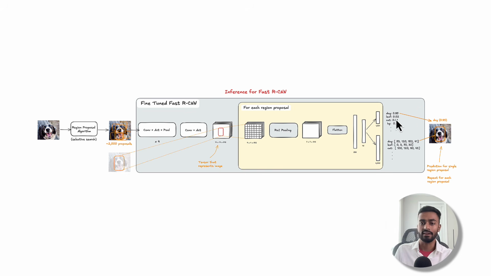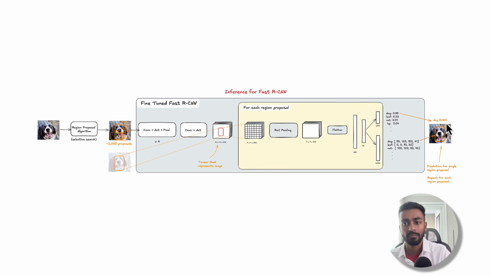Let's say that for this prediction, the classification prediction of the dog is the highest. It's 0.85. And the corresponding localization is given by these 4 numbers, which we can use to draw a bounding box. And hence, we draw a bounding box, and we label it as dog with the classification score of 0.85.